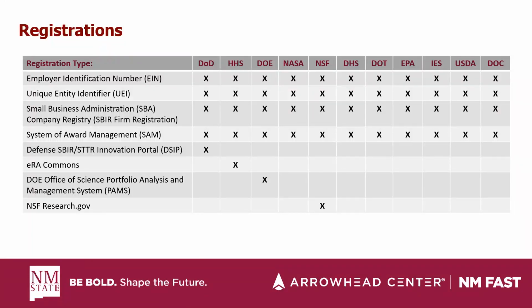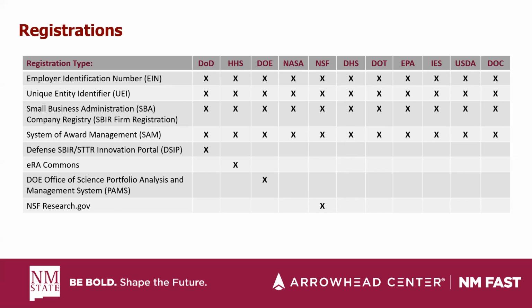These are more for reference, but what we did was we just made a chart so it's a little bit easier for you to see what registrations you will need depending on the agency. For all agencies, no matter who you apply to, you will need your EIN, your UEI, and your SBA company registration. That's blanket across all of, and your SAM. So actually there's 4.